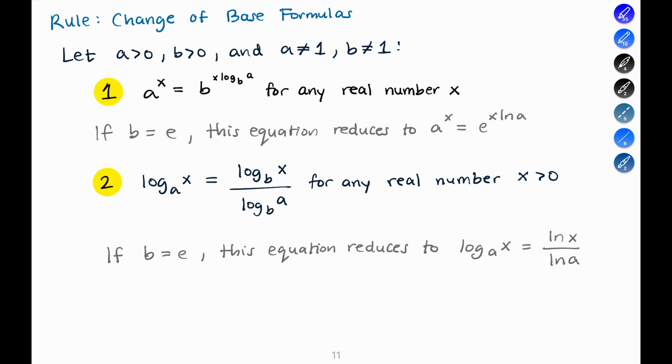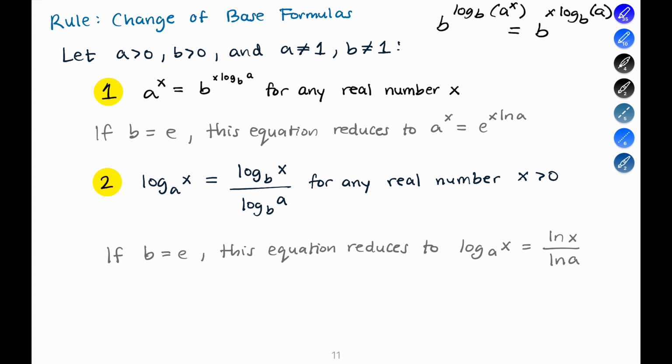And this is the case because if we look at this, b to the power of log base b of a to the power of x, that is the same thing as b to the power of x times log base b of a. And this is one of our logarithmic rules that we discussed earlier.